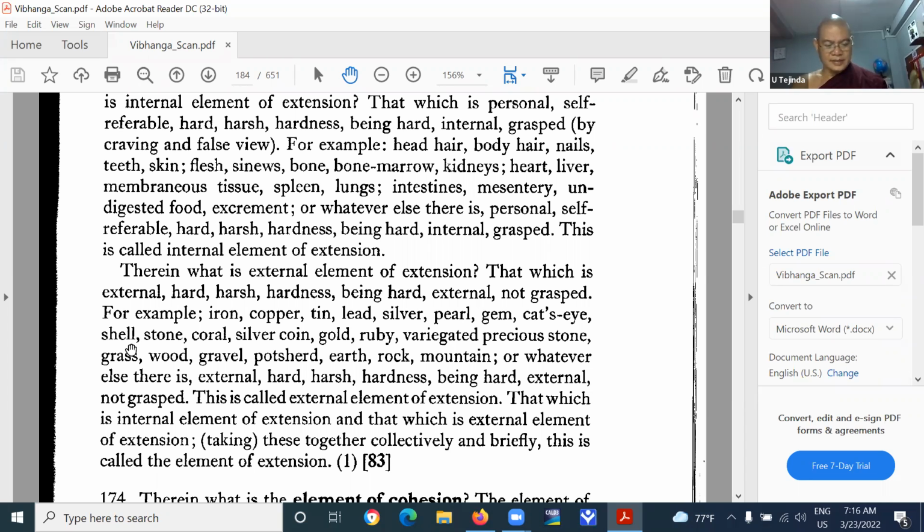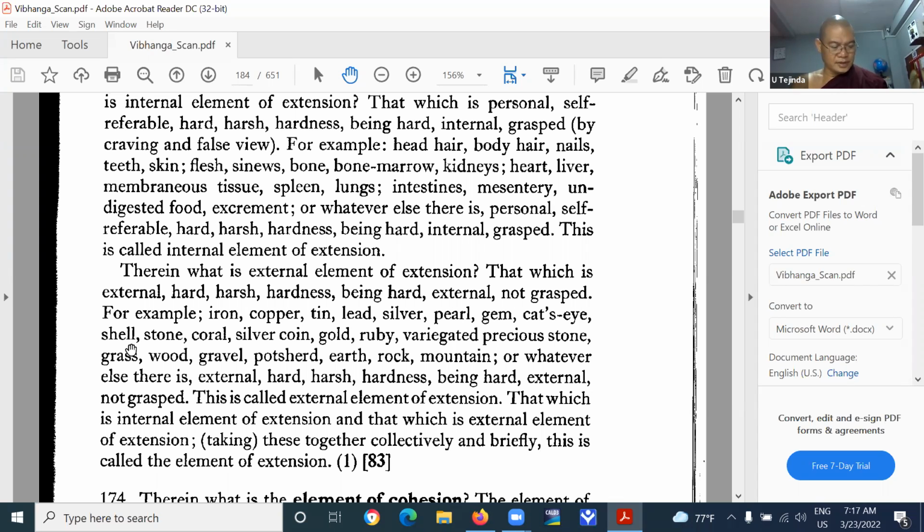See, Masaragalla, very precious one, very expensive. You could buy a country with that one. So tina here, grass; kattha, wood; sakkhara, gravel, small stone actually; kathala.